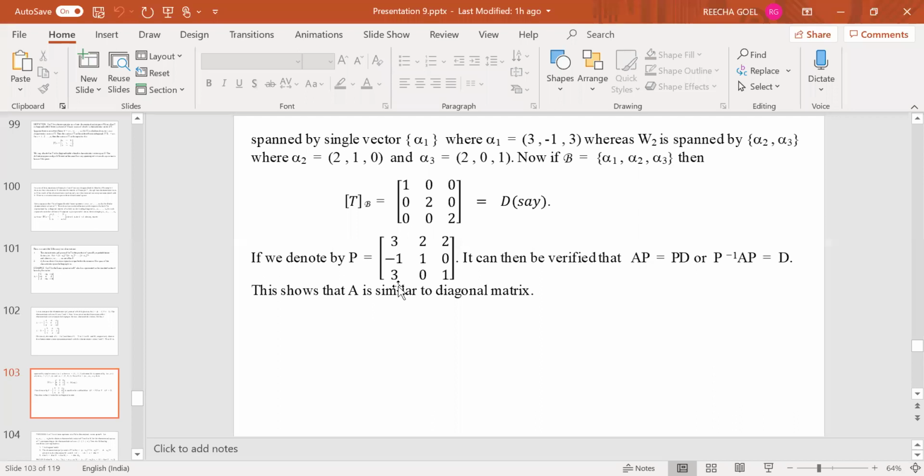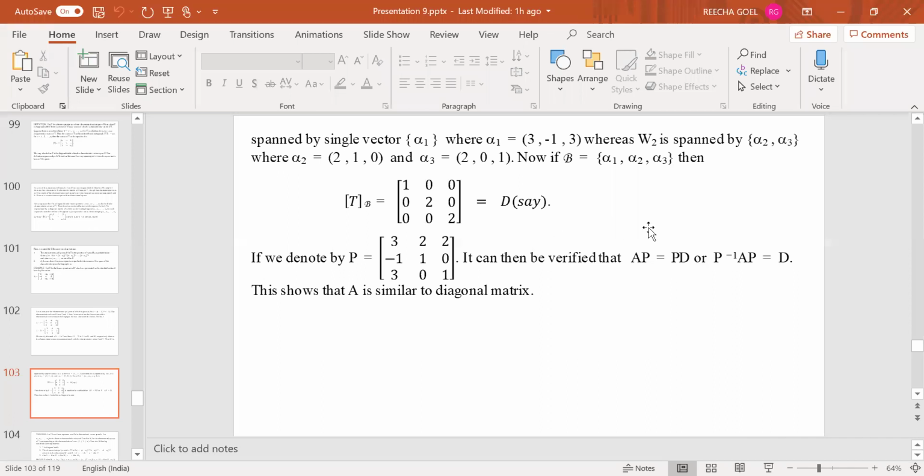It is a non-singular matrix, and if you calculate P inverse AP, it is going to be precisely this diagonal matrix. That is, the given matrix is similar to this diagonal matrix.